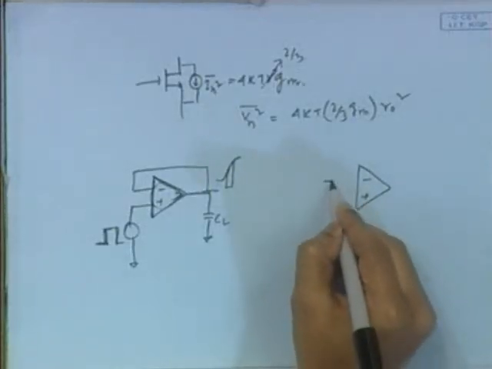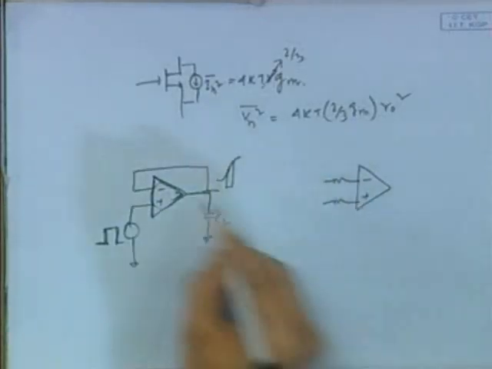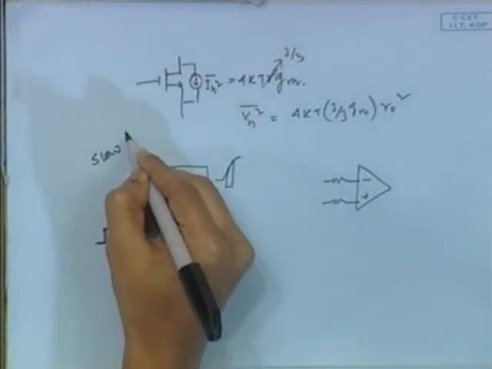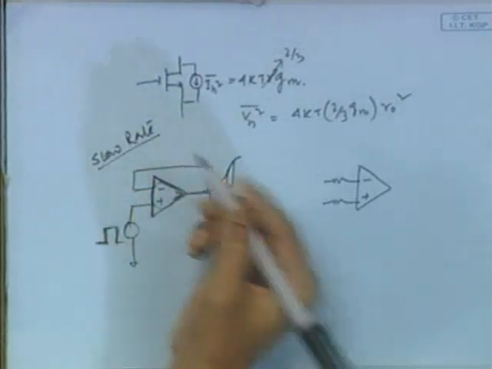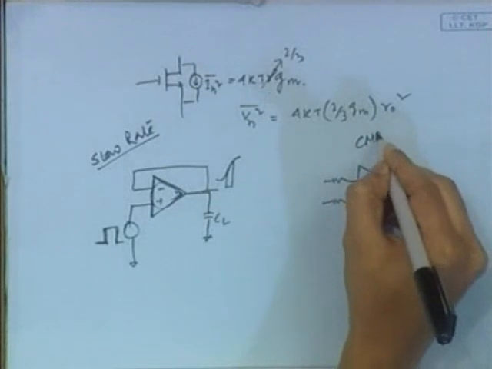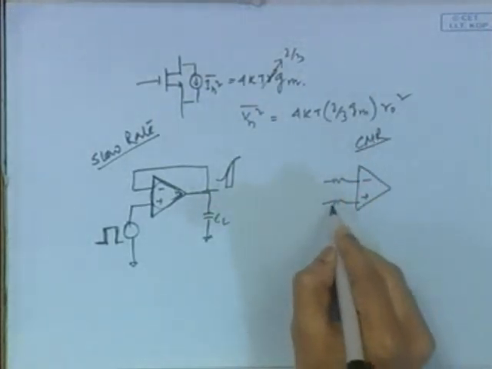Okay, this is the common mode response test bench. This is for slew rate, and this is for CMR, common mode response.